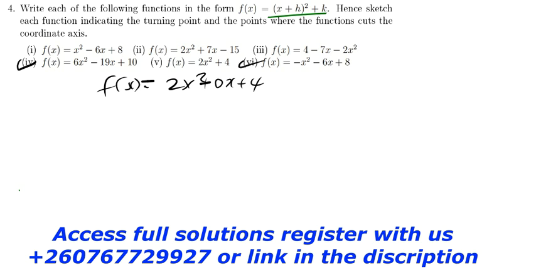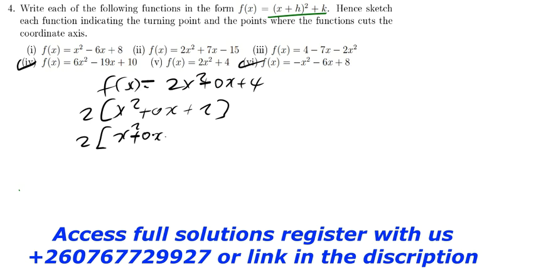So if I factor out 2, I'll remain with x squared. 0 still will be 0x. Then here it will be 2 into 4 is 2. So still I'll say x plus 0x. Now half of 0 is still 0, then I'll still have 0.